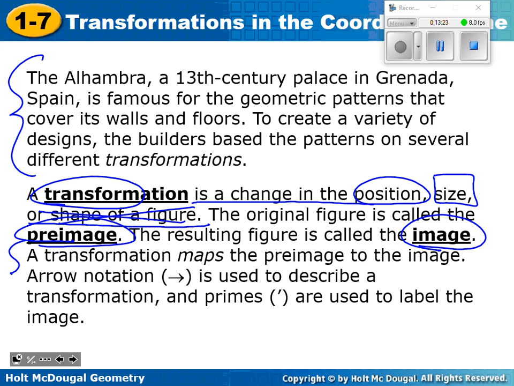This part is the picky part that I want to make sure you may not have seen or been required to do. They're going to use this word maps. They're going to say the transformation maps the shape onto another shape. What that means is, got a mess on my board here.